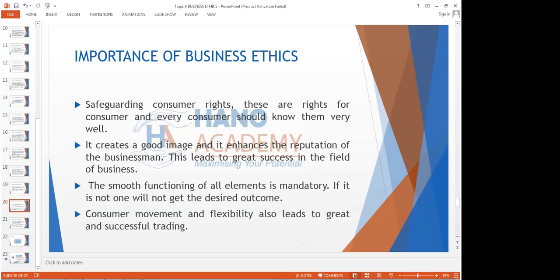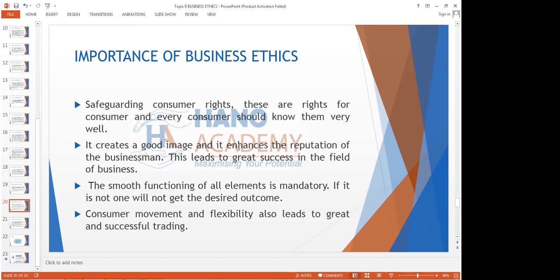We move on to another aspect, safeguarding consumer rights. These are rights for consumers, and every consumer should know them very well.